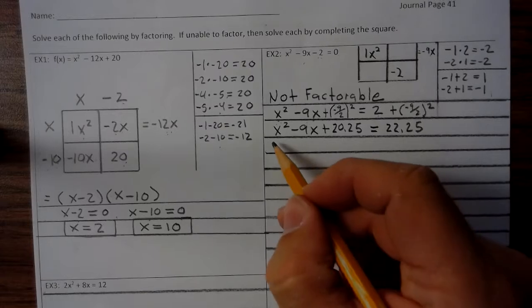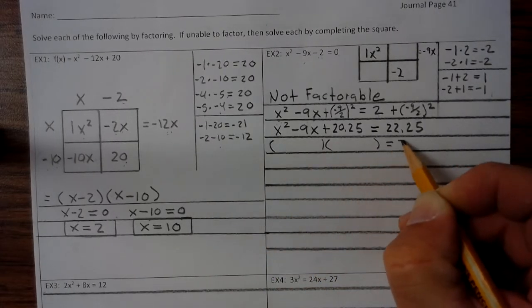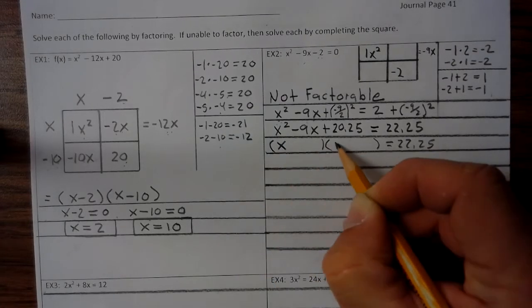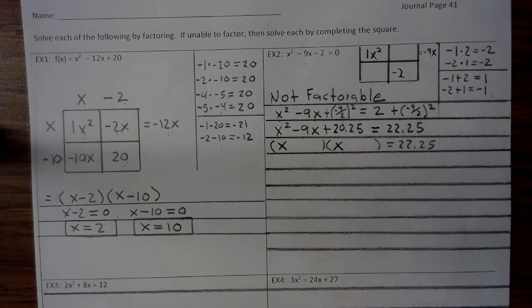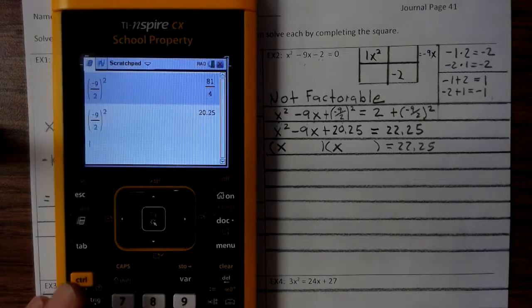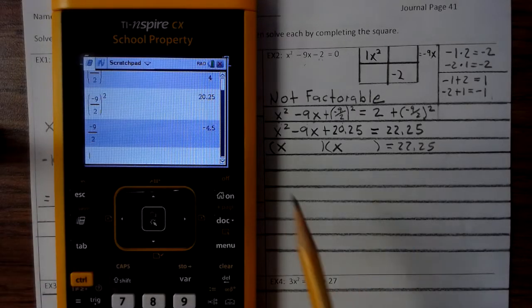Now, we know that this is factored as parentheses equals 22.25. We know it's x and x, and we know that the factor term is negative 9 divided by 2. So negative 9 divided by 2, Control Enter, is negative 4.5.